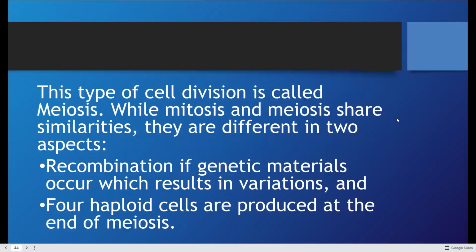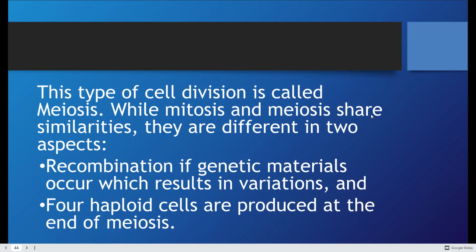While mitosis and meiosis share similarities, they are different in two aspects. Number one, recombination of genetic materials occurs, which results in variations. And number two, four haploid cells are produced at the end of meiosis, except for, again, as I discussed last meeting or yesterday, oogenesis.